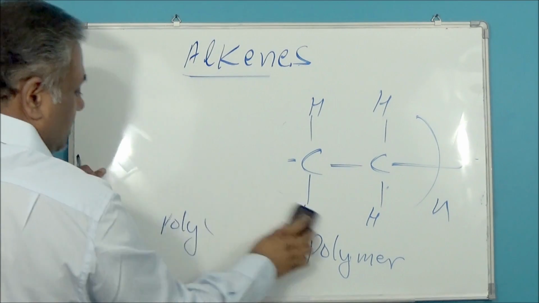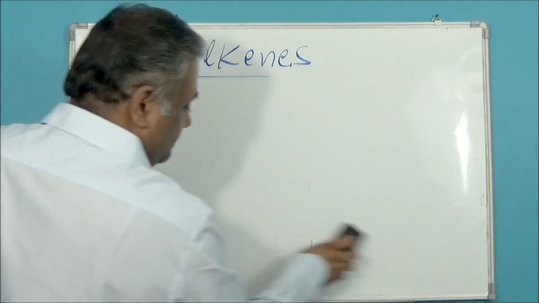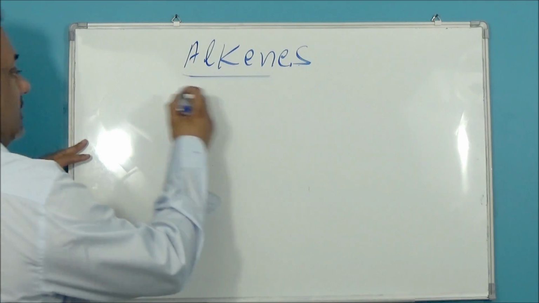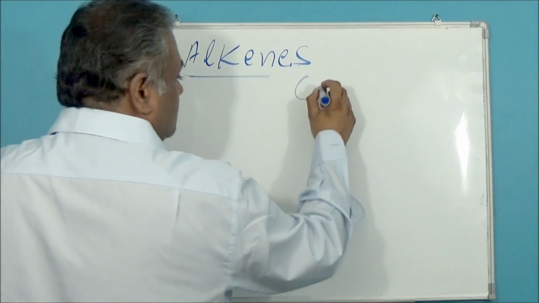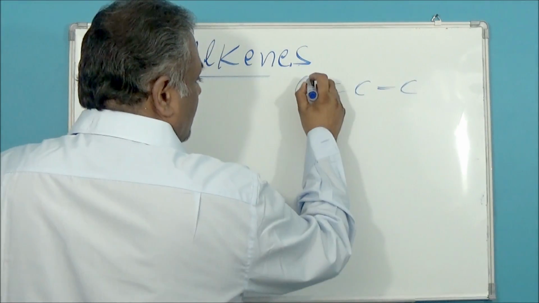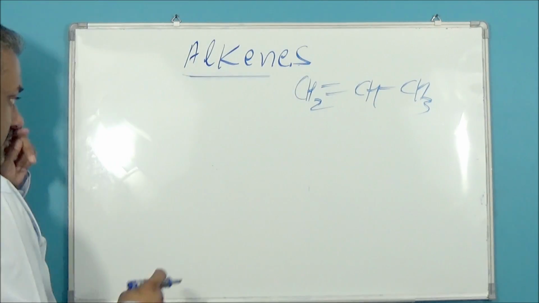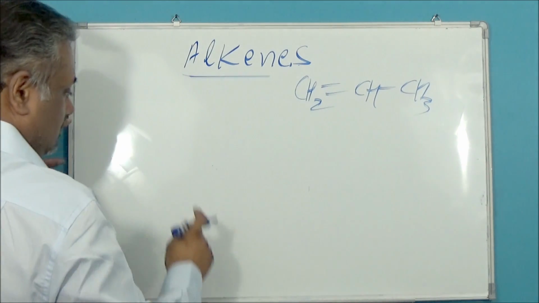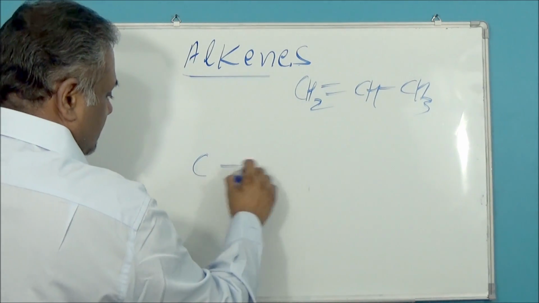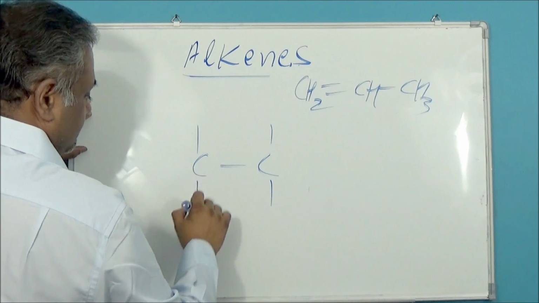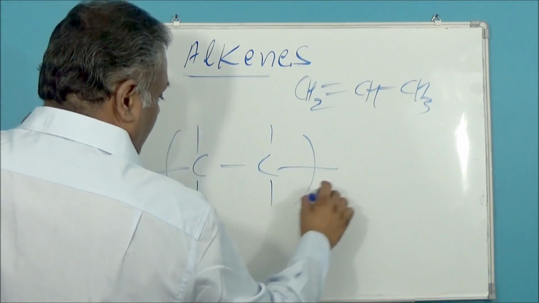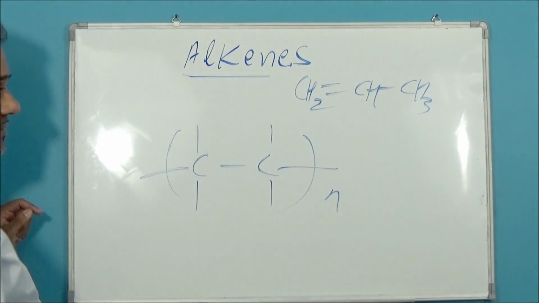So let's have a look at the polymer you get from propene. Now if you look at propene, propene has, as we said, 3 carbons. So I have 2 H's here, 1 H here, and 3 H's here. So let's say I want to make a polymer of propene. Again, the trick is to just draw 2 carbons in. That's always the structure of a polymer.